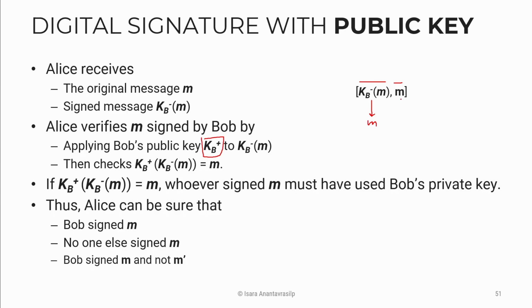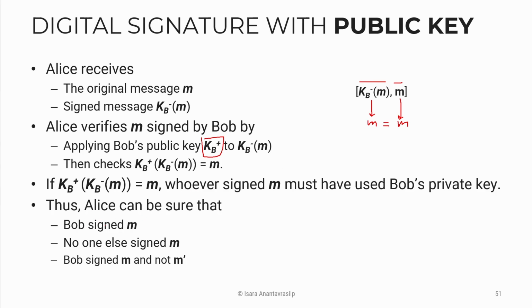Now she is going to compare the two Ms to each other. If the decrypted M is the same as the M in the pair sent by Bob, she can be sure of a few things.